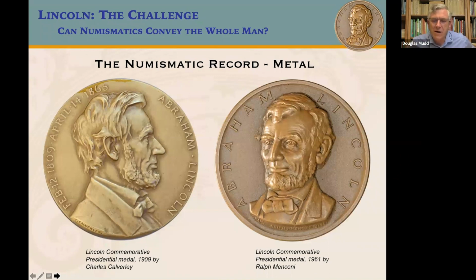Now we'll get to the numismatic record in metal, where there's been a considerably greater range of portraits, in part because he appears with a portrait facing left, a portrait facing right, then there's 3/4 facing and facing portraits, all of which allow for a greater range of the engravers and artists' skills. And depending on their skills, you can see images that are designed to give certain impressions.